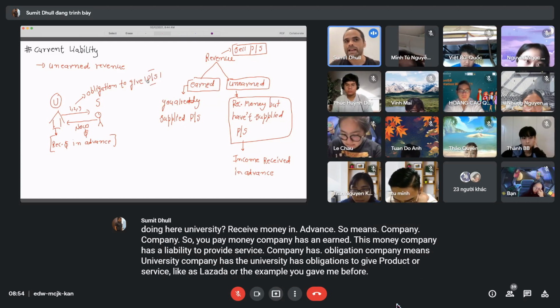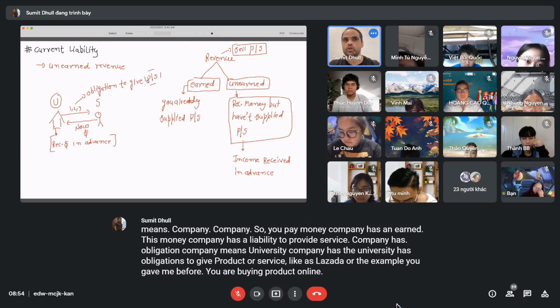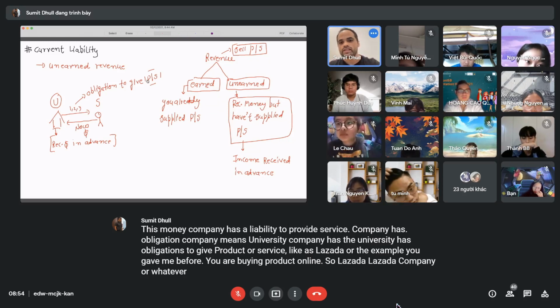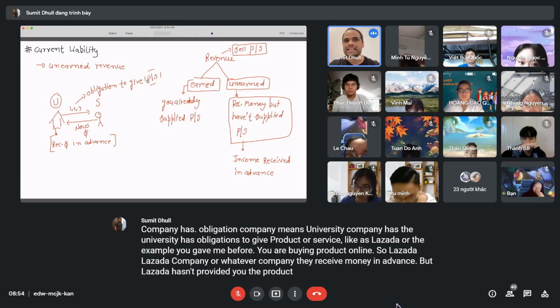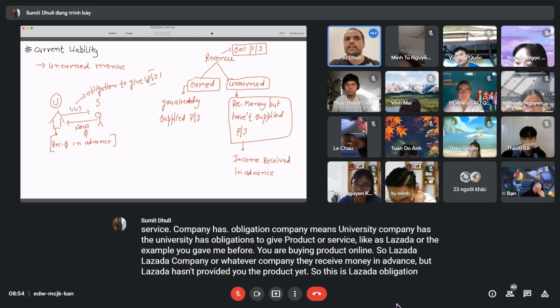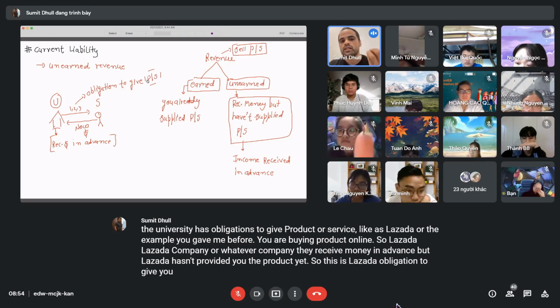You are buying a product online. Lazada, or whatever company, receives money in advance, but Lazada hasn't provided you the product yet. So this is Lazada's obligation to give you a product or service.